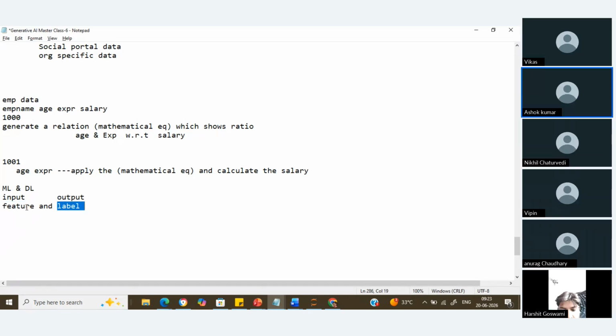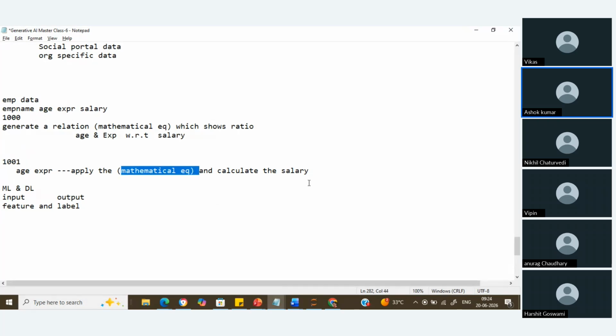We calculate a mathematical equation describing the relationship between feature and label for the known data. If I have some unknown data, I will apply that equation and be able to predict the next information.